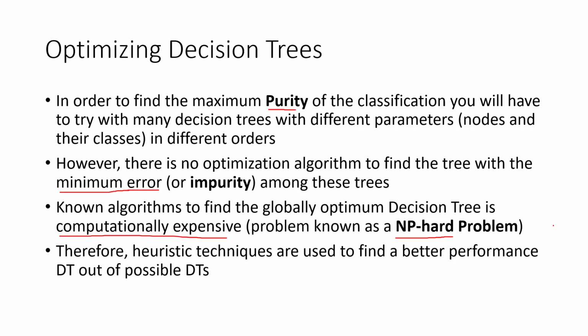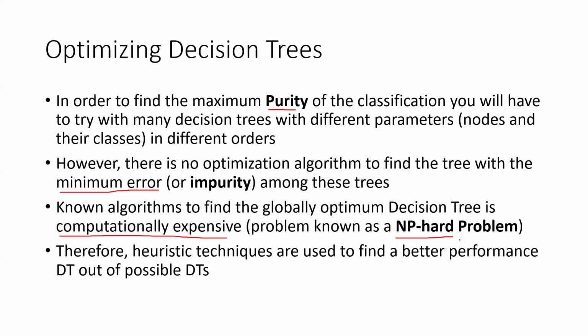We don't have to think about the theories behind these complexities, but the thing you have to keep in mind is that when the number of variables increases, finding the best decision tree, that is, the one that can minimize the impurity to the maximum level, is impossible when there is a high number of variables.